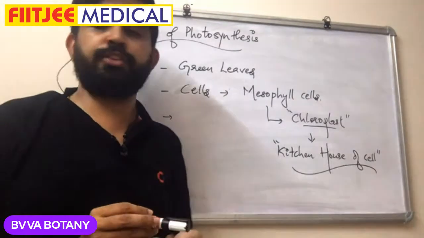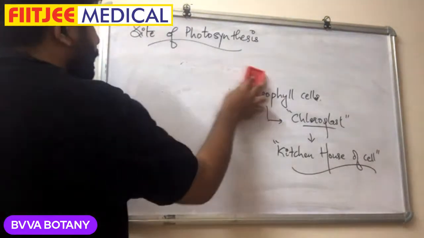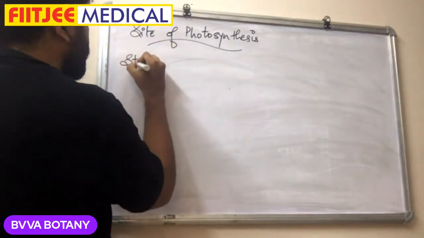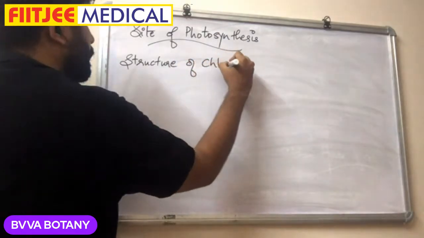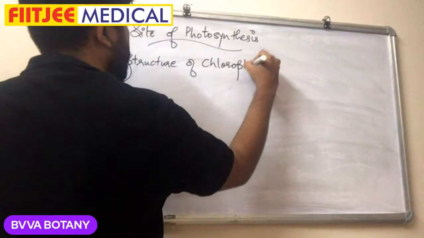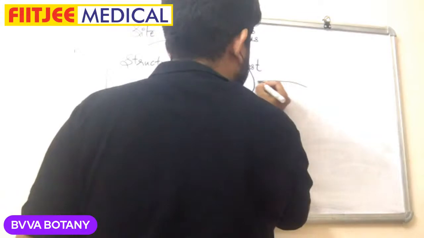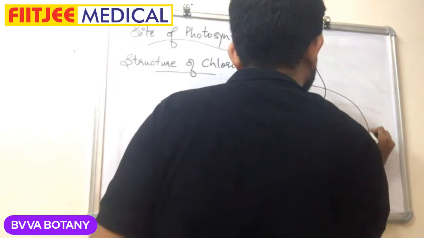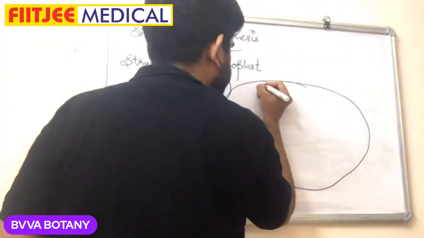Now we will take up the structure of chloroplast. The structure of chloroplast is already known from the cell chapter. Still we will see the structure. Chloroplast is usually a discoid or oval-shaped cell organelle, and it has a double membranous structure.